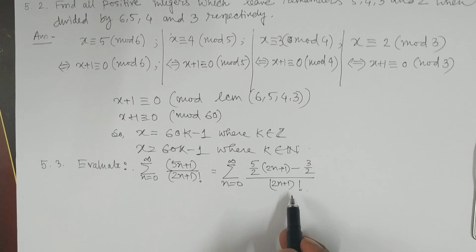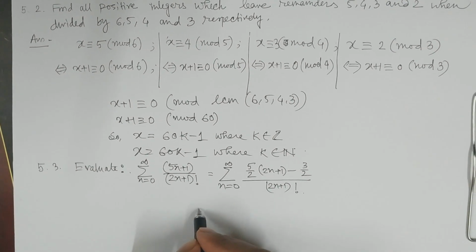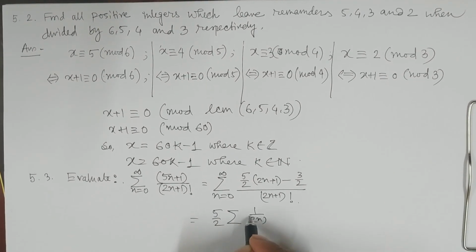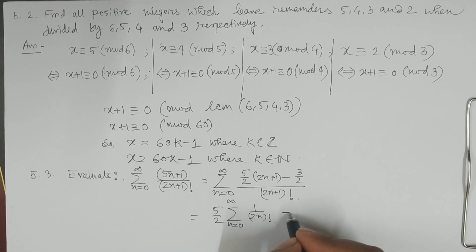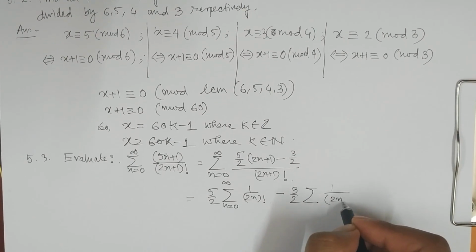We first factor out the first term in this factor so that we can divide it, and what we get is this and this.